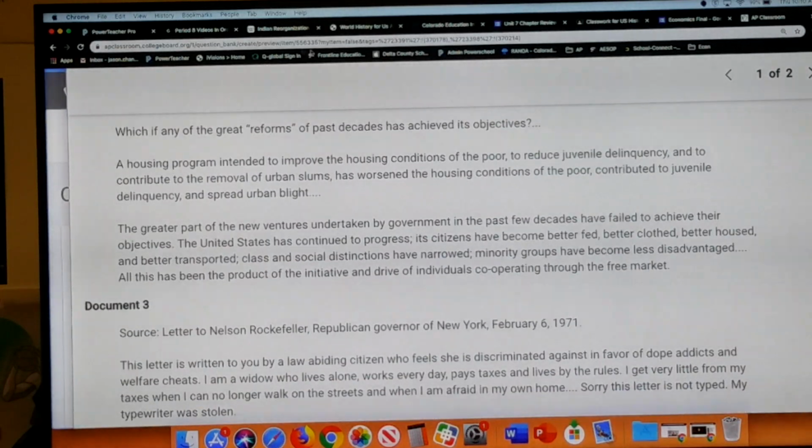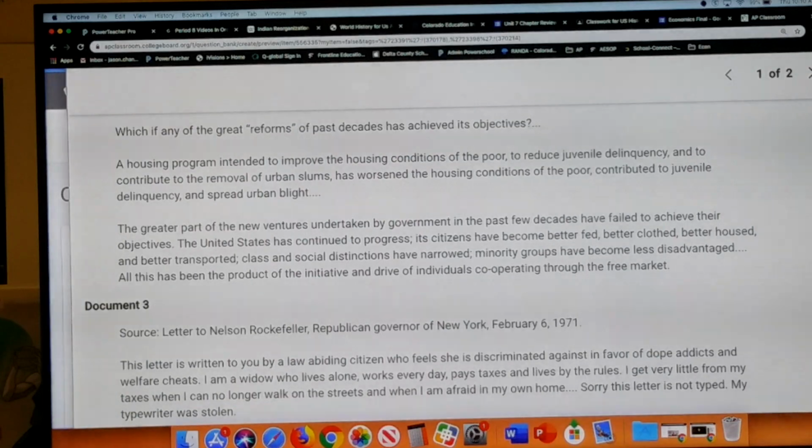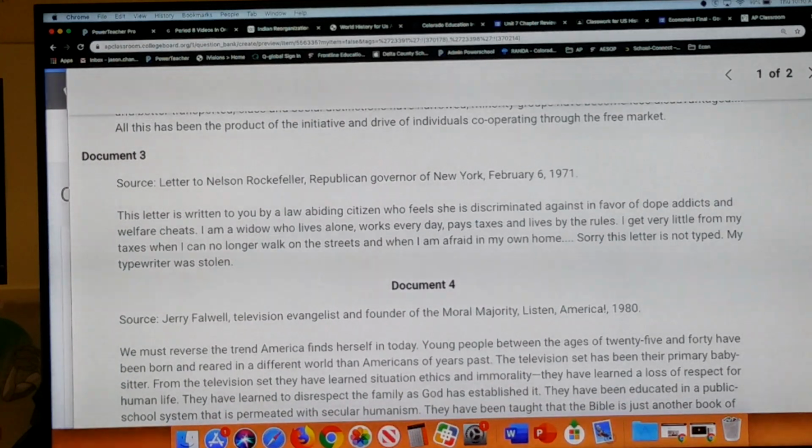When they talk about urban blight, they're talking about parts of cities that don't look good. The person writing here is afraid that dope addicts and welfare cheats are stealing the tax dollars they're paying, and they're afraid to leave their home. So you could say conditions in inner cities worsened.